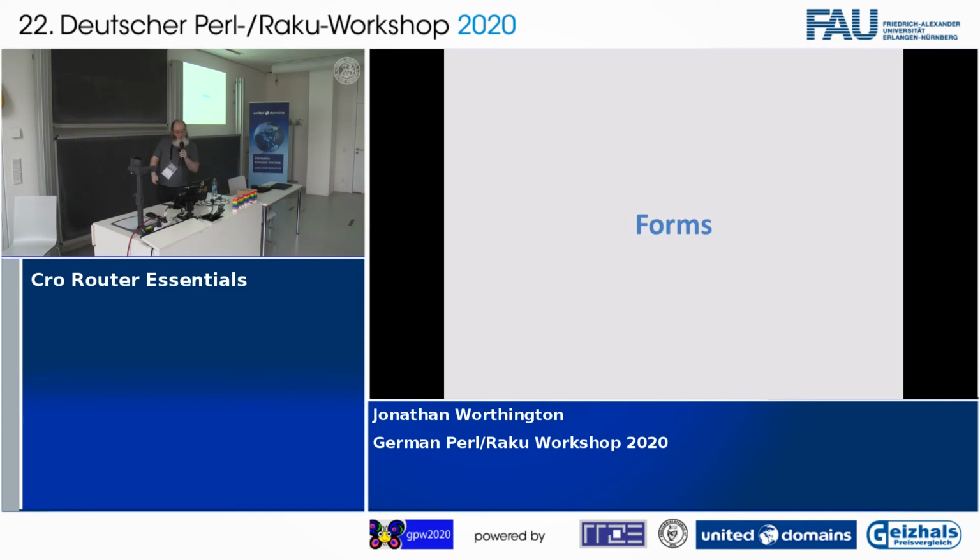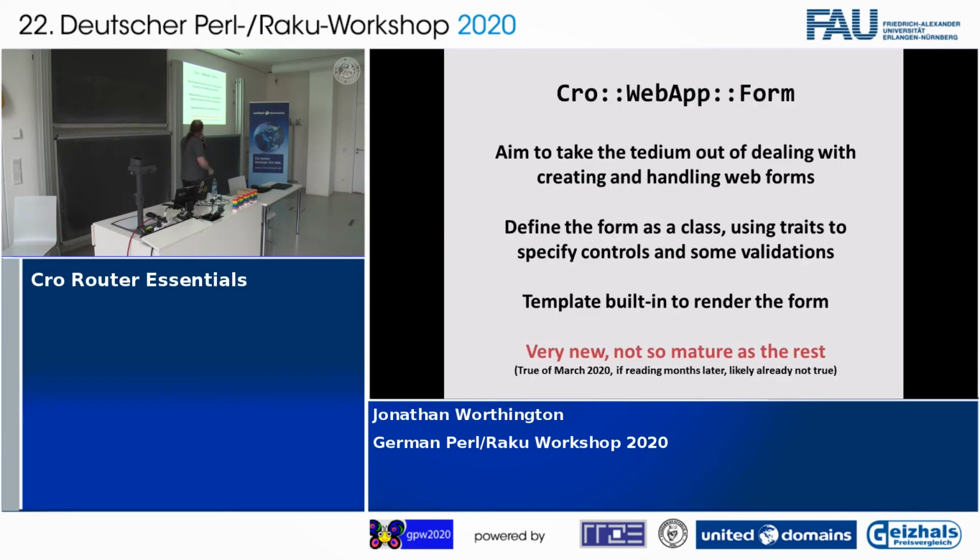But what if we need to collect data from a form because we're doing a web app? Forms are quite annoying and tedious to do, but we've been working on something to make that less the case, called Cro Web App Form. You define the form as a class, and you have a template built in for rendering the form.